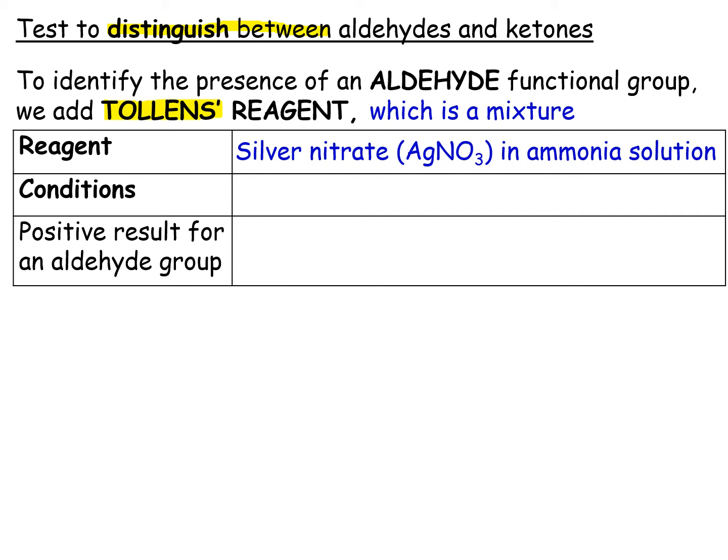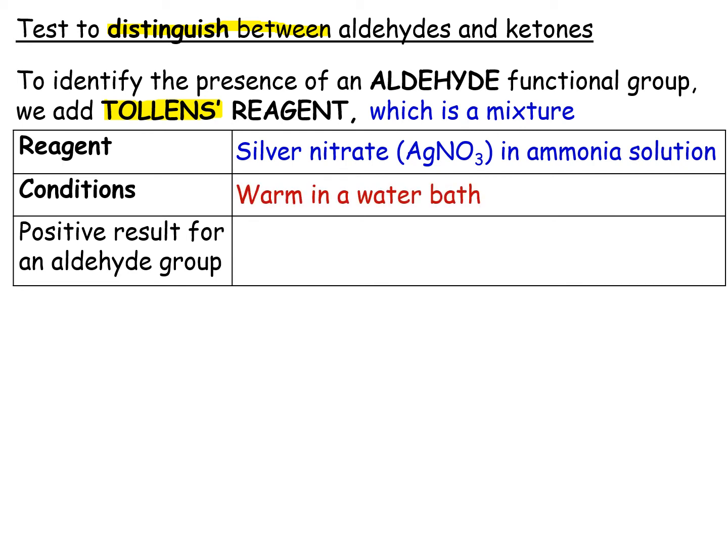In the exam, if they ask you to name the reagent, Tollens should do, but if they ask for the chemical name, I would be tempted to give them the silver nitrate / ammonia solution. Okay, so Tollens reagent is used to distinguish between an aldehyde and a ketone.